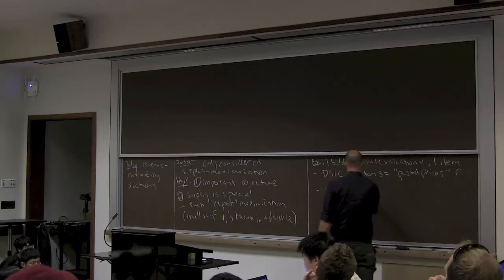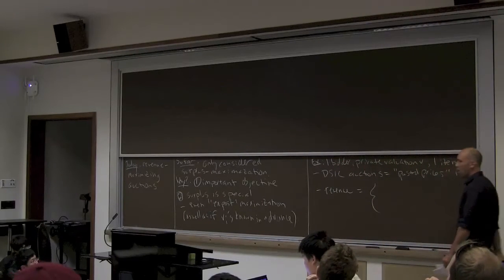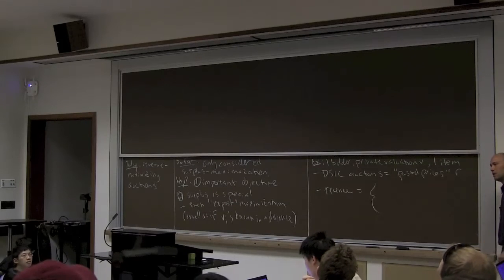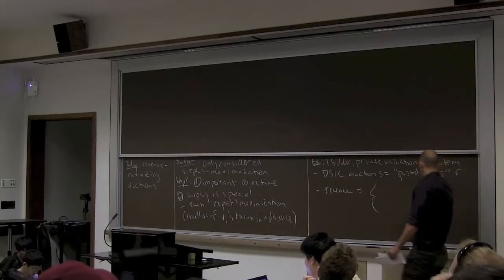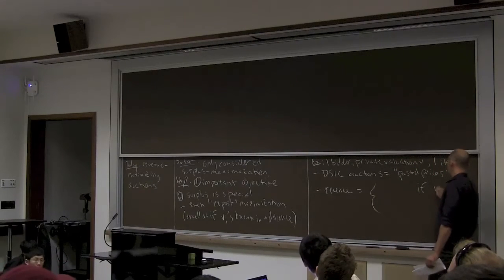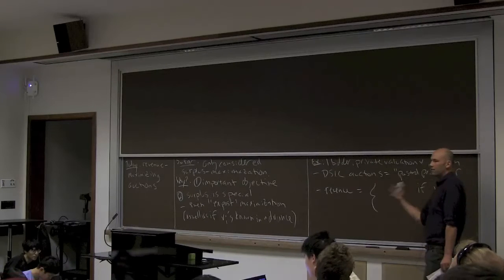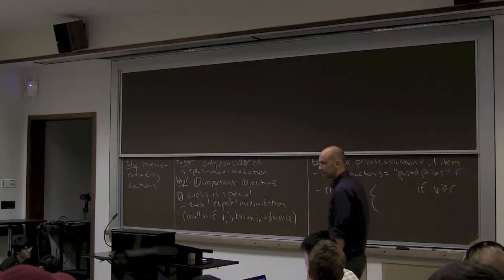So in a take it or leave it offer with a posted price of R, as the seller, your revenue is going to be one of two things. What happens if it turns out this unknown valuation V is at least the take it or leave it offer that you gave the bidder? What's your revenue going to be? How much money will you make?